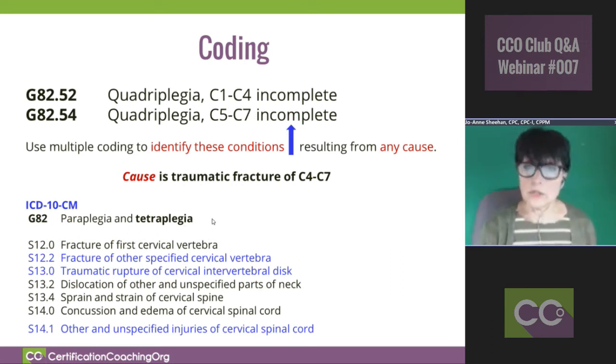And the cause of this is, and in this case, it has S12.0, fracture of first cervical vertebra. But we know it was not, so I wouldn't look at that code. But then it says S12.2. It could have been a fracture of other specified cervical vertebra. S13.0, traumatic rupture of cervical intervertebral disc.